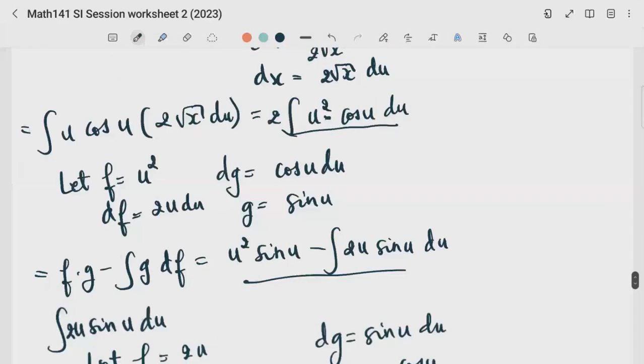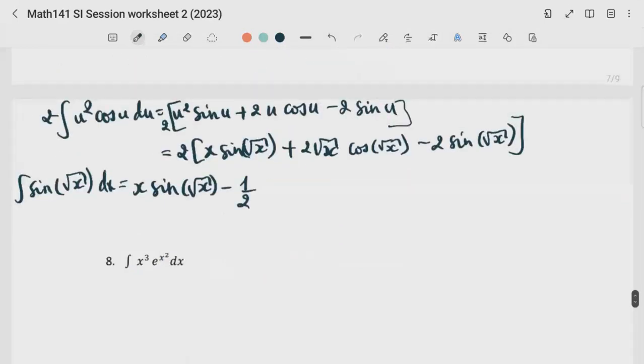Half of the integral of that. So the half and the 2 will cancel, so we don't even have to worry about that.